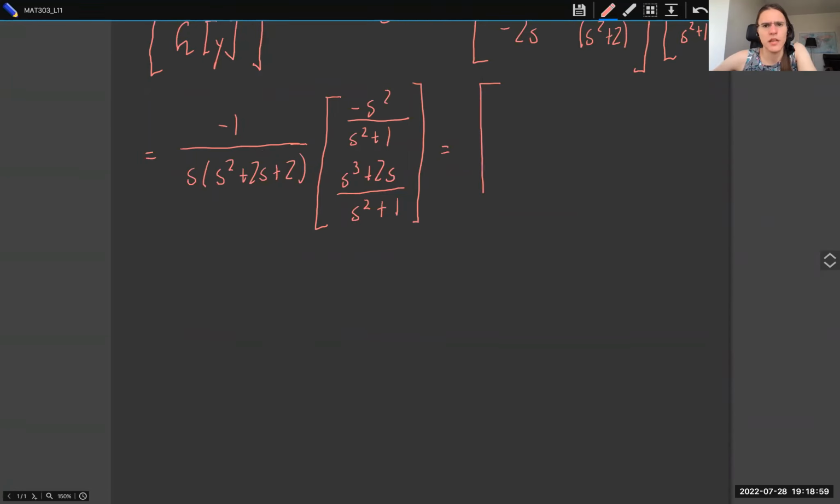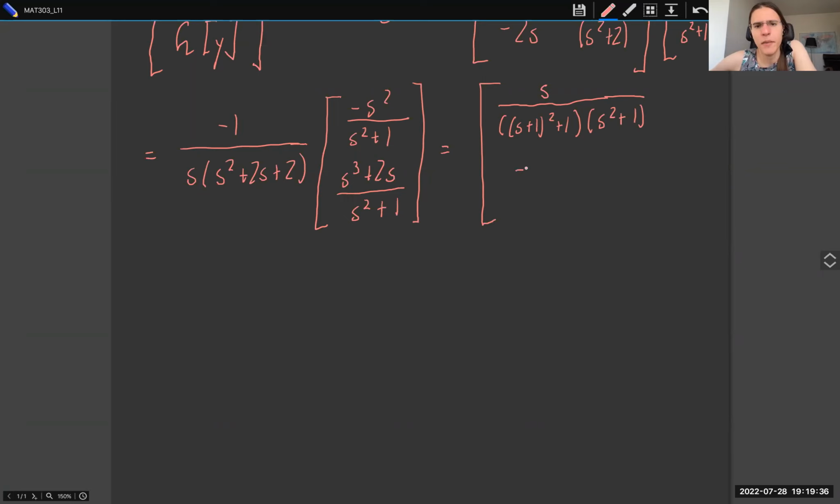So if I just bring everything in, I'm going to get S over S squared. Well, I can just factor this: S plus 1 squared plus 1. So this isn't bad. It's going to be a 4th order system.